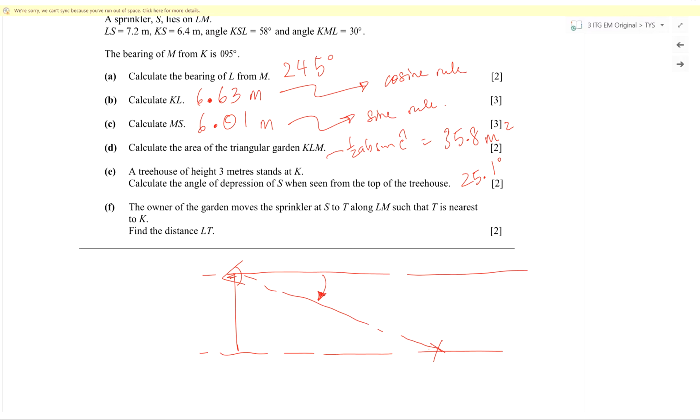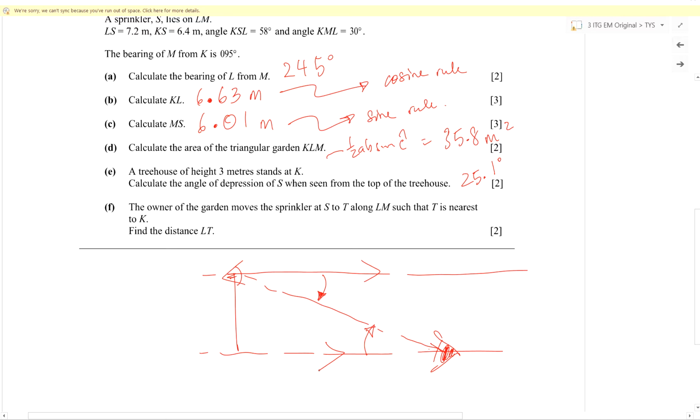The angle of elevation: if your eye is over here, where's the angle of elevation? Over here. Do you realize that they are the same? So your angle of depression is actually your angle of elevation. The value is the same. You solve it the same way, because these two lines are parallel.